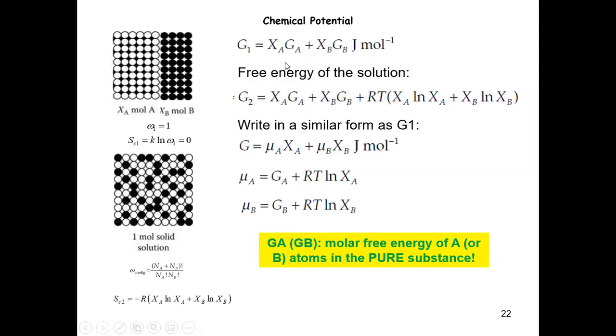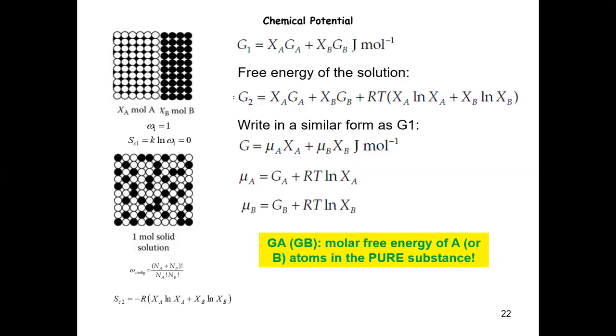We know Ga is the molar free energy of A atoms in the pure substance, so you can simply write the overall free energy as a linear combination of the molar free energies of A and B, because you have this mole of A and this mole of B. You take the molar fraction and the molar free energy of A and B, and that gives you the total free energy, right? That's the insight for G1.